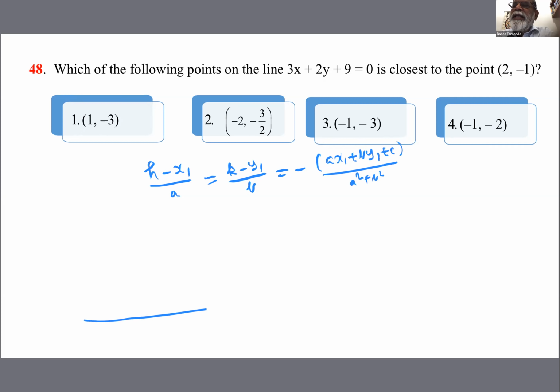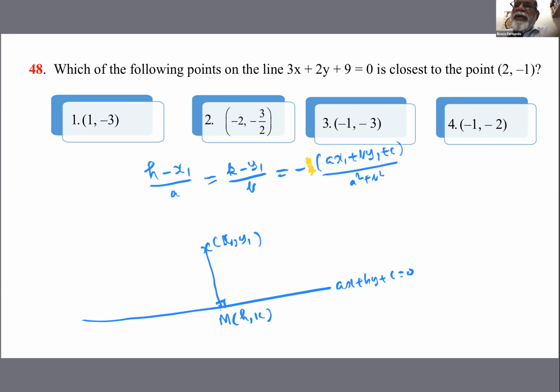Here is a line ax plus by plus c equal to 0, and here is the point (x1, y1). The foot of the perpendicular, we call it M, that is (h, k). Instead of that, if you want the reflection, the mirror image, then it should be 2 here. That's the only difference.